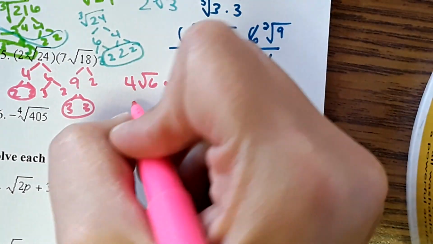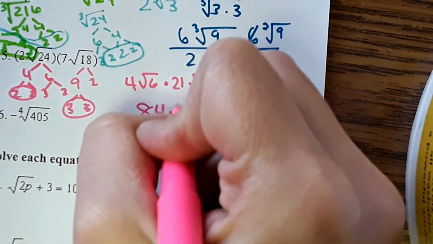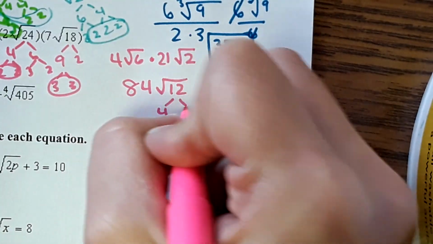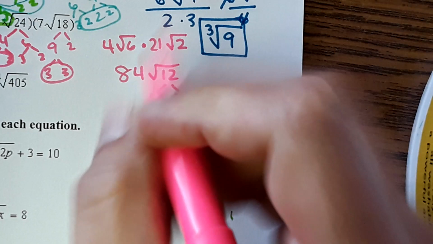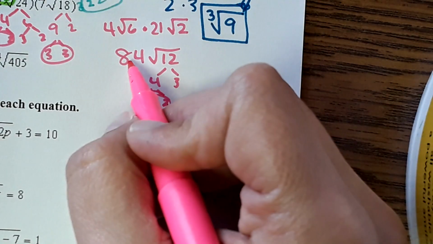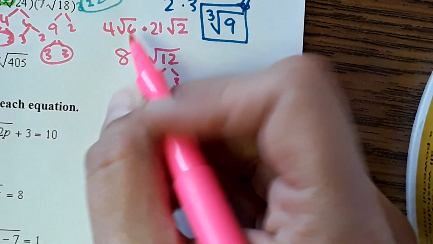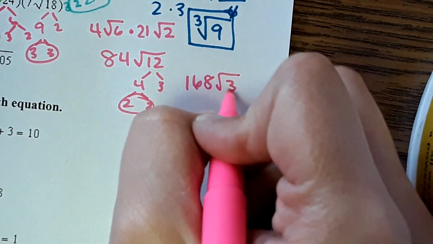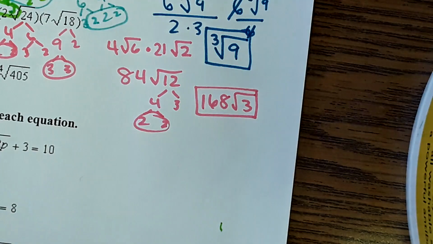Then 4 times 21 would be 84. Square root of 6 times 2 would be square root of 12, which I can then break up. 2 times 184 is 168, and I'm left with just a square root of 3, and that's the answer there.